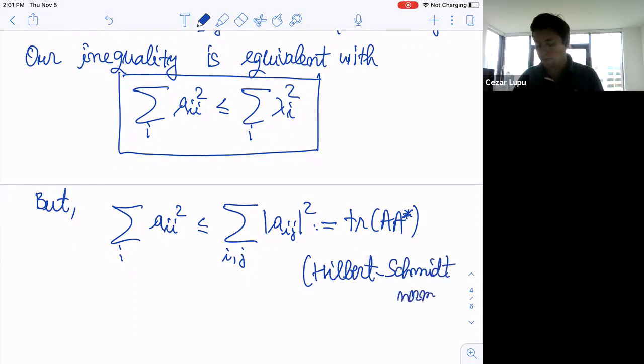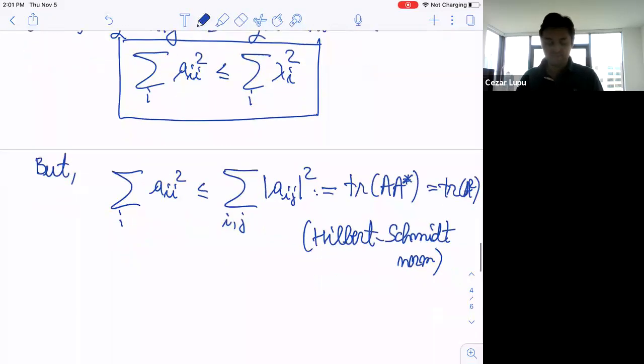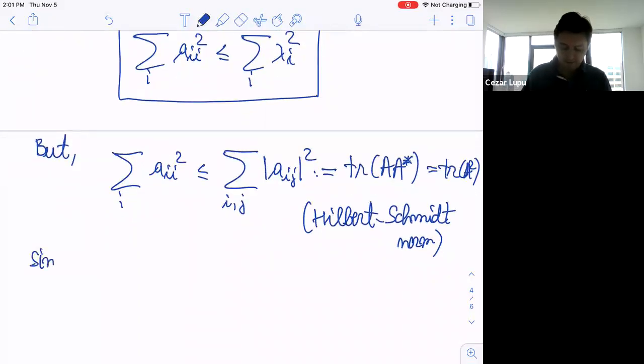Well, you can actually prove that this is less than the trace of A squared. So the trace of AA star is to be compared with the trace of A squared. But at this point, we know that the matrix is symmetric, right? Since the matrix is symmetric, AA star is the same as A squared, which is nothing else than the trace of A squared. Agree with me? Because A is symmetric.